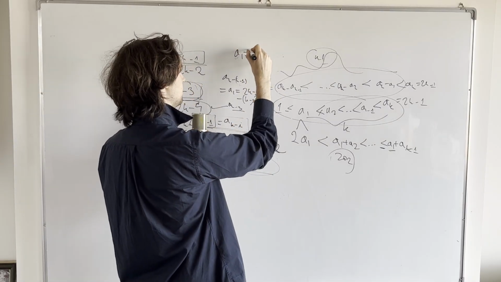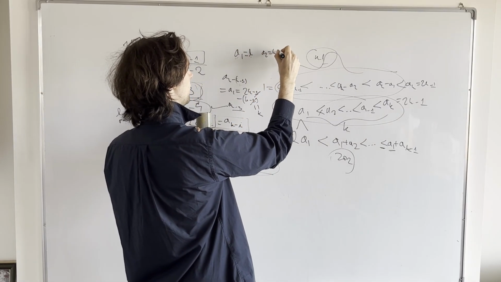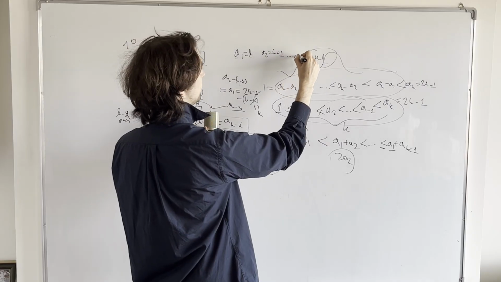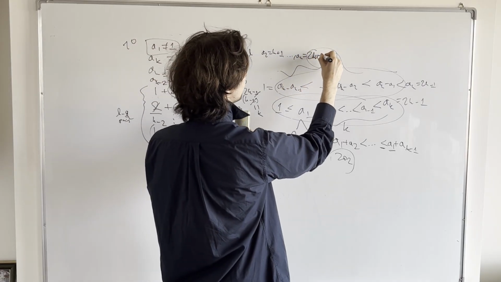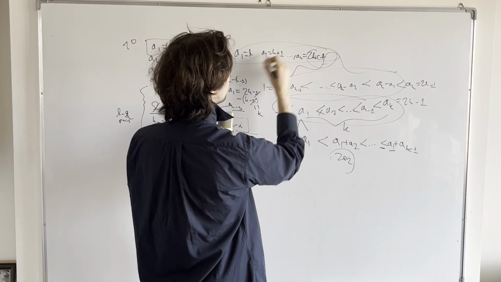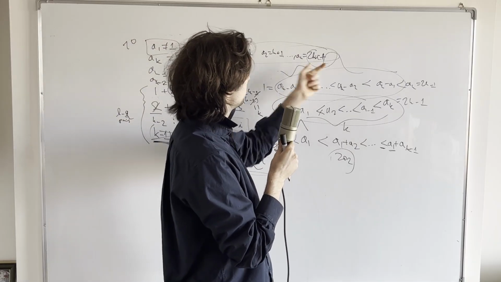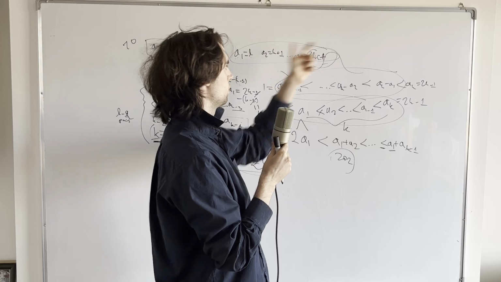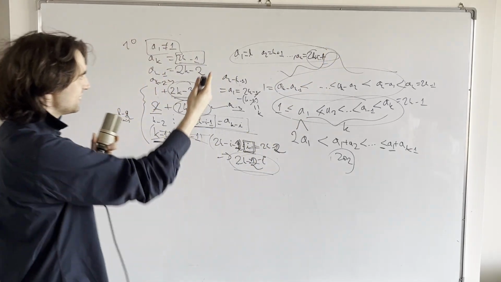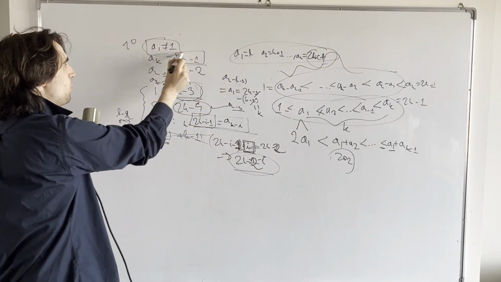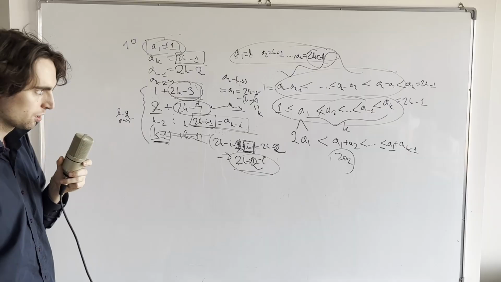So you get A1 is equal to k, A2 is k plus 1, all the way till A_k is 2k minus 1. Right, so let's double check that we have all the numbers here. We subtract k minus 1 and you get 1 for k. So this is what ends up happening if A1 isn't equal to 1.